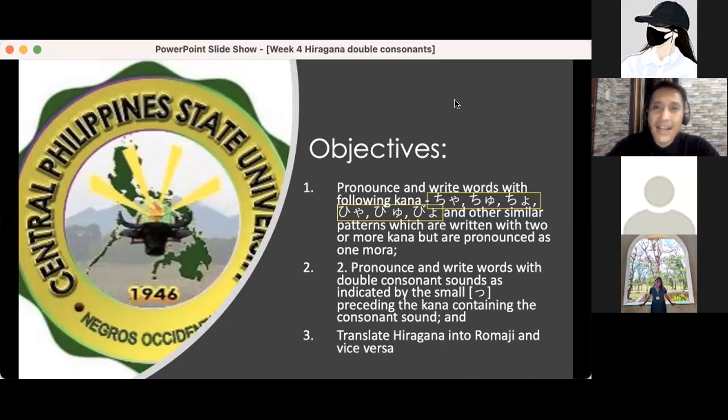Bakit siya kakaiba? Kasi pag tinignan natin, dalawang characters pero isang sound. Halimbawa, this one, isa siyang tunog lang, cha. Ito naman, chu.